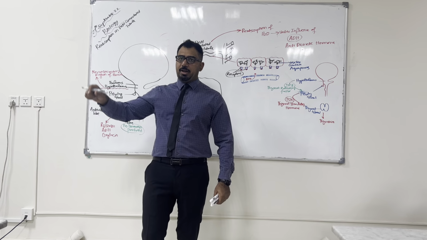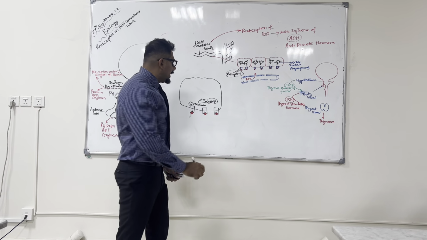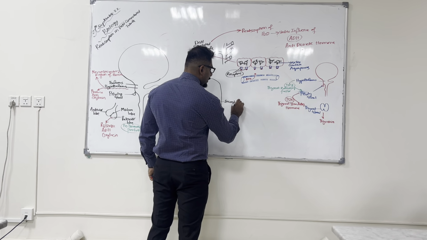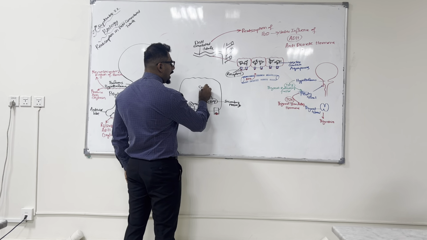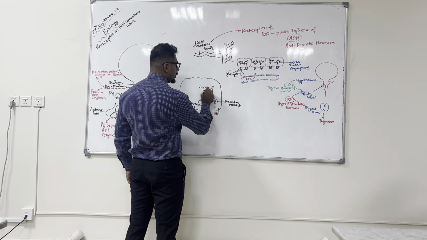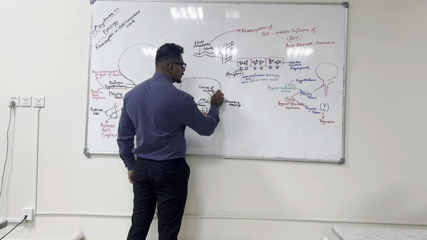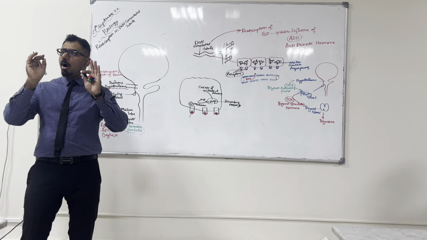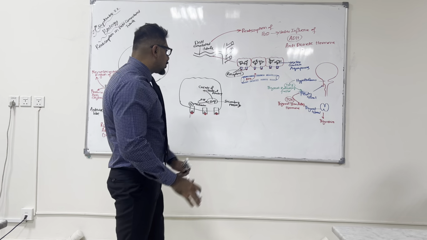Adenosine monophosphate, right? Two phosphates are released, and this cAMP is called what? Secondary messenger. And then after that, what will happen? A cascade of chemical reactions. In response to the cascade of chemical reactions, eventually such reactions will take place.